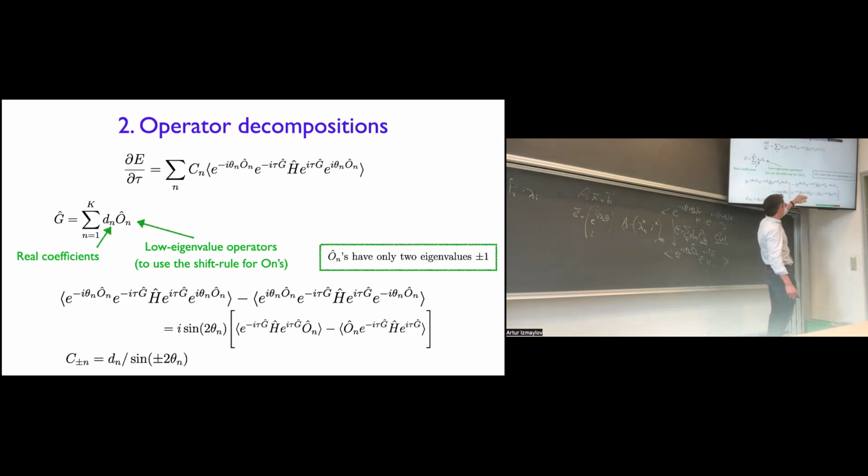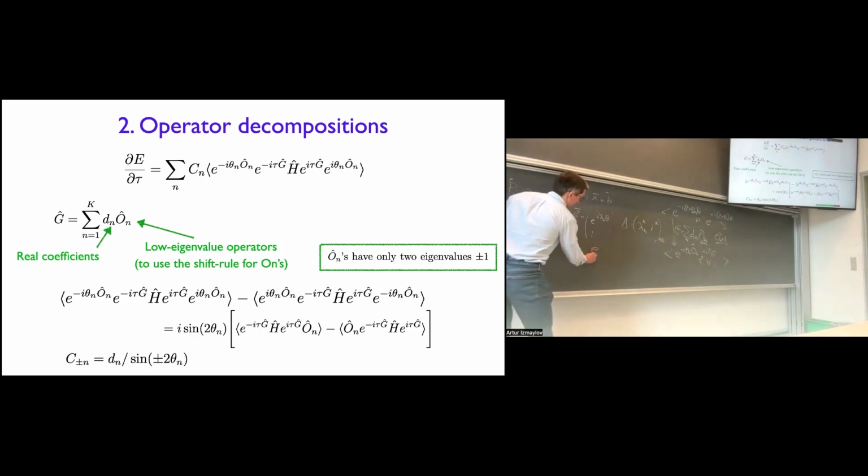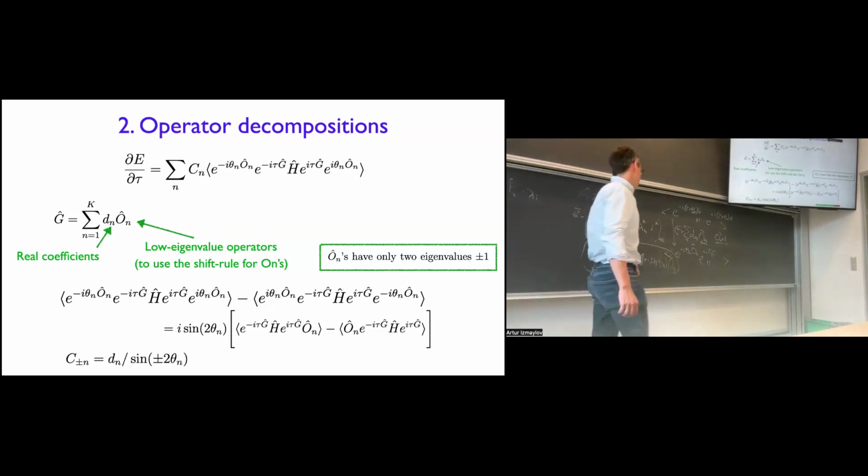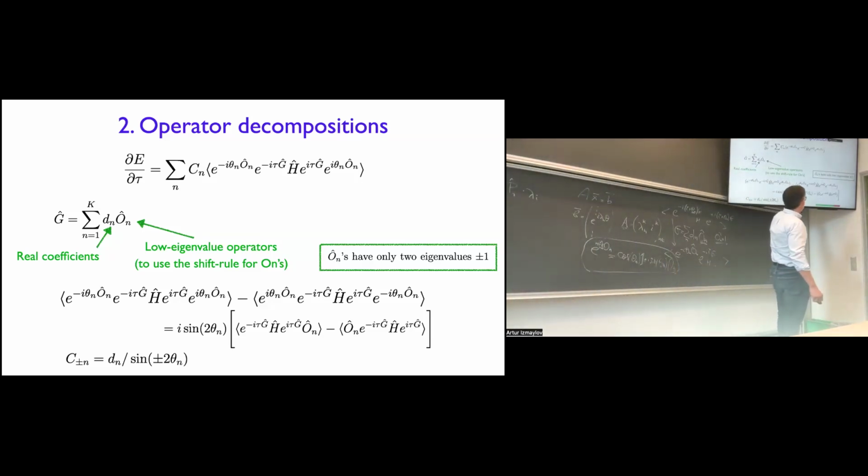If we subtract one from the other, because the exponential function of On with some theta and plus I is, let me remind you, just cosine theta n identity plus I sine theta n On, right? This expression. And because of that, you could easily cancel On and only leave On on the left and the right sides. And there is an extra coefficient here.